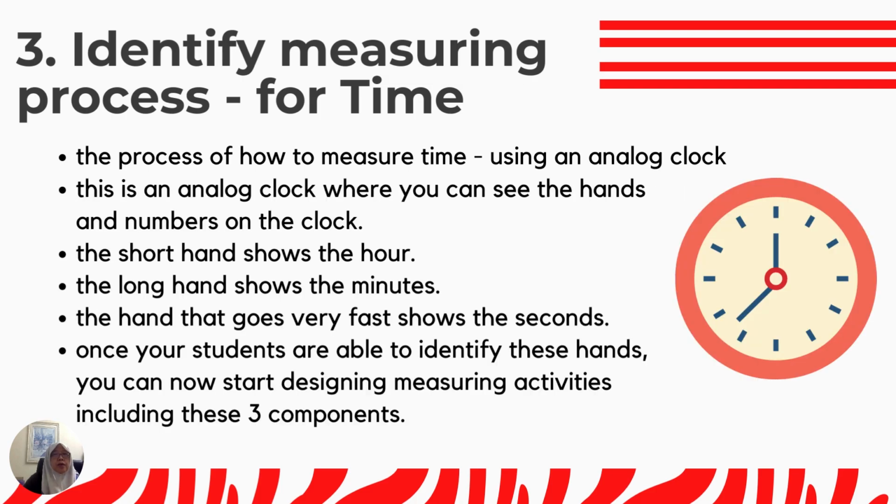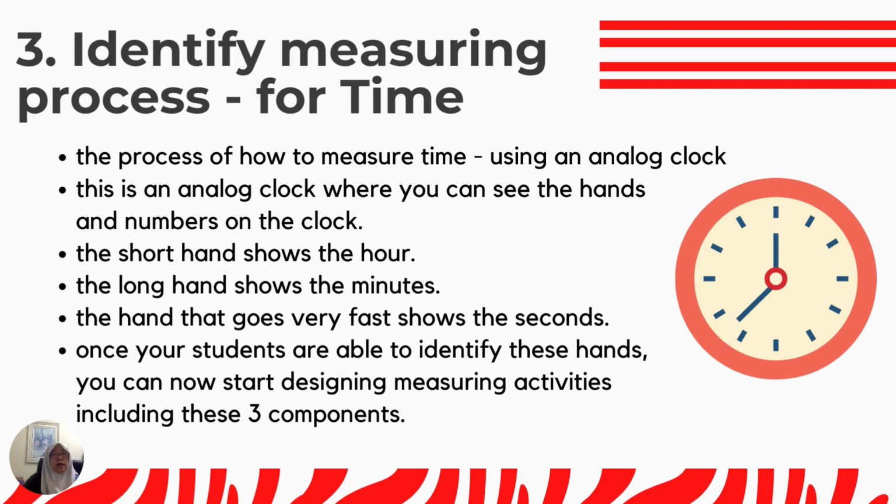Okay, let's look at the process of how to measure time. Let's first use an analog clock like this. So this is an analog clock where you can see the hands and the numbers on the clock. The short hand shows the hour, the long hand shows the minutes, the third hand shows the seconds. Okay, but that is optional.